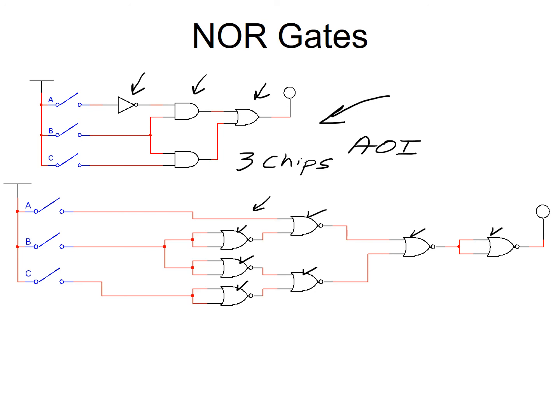I'm going to need a second chip for these 3. And I think I can build this circuit below here. Well, as a matter of fact, I'm sure I can build it using only 2 chips. So there you go. I've actually decreased the number of chips required to build this circuit. And again, if I'm building a million circuits for washing machines or whatever, I can actually save money using only one type of gate. All right.